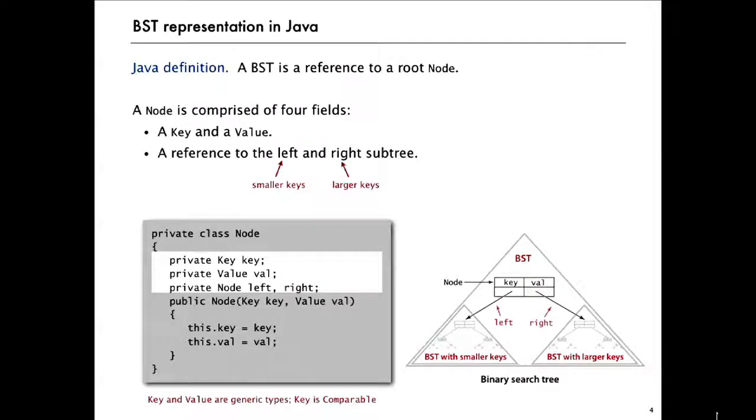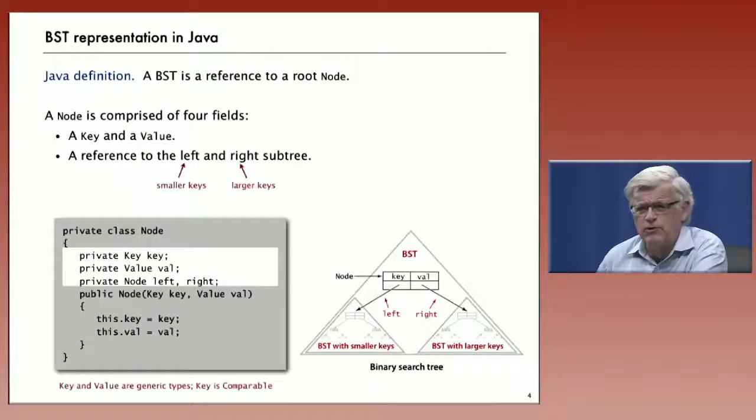So here's what the code is based on. The inner class that we'll use to implement nodes has 1, 2, 3, 4 instance variables, all of which are private as usual: a key of type Key, a value of type Value, and then references to a left and a right node.